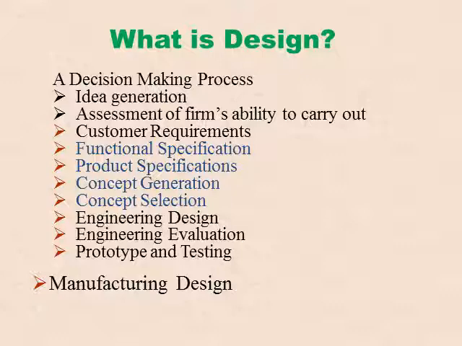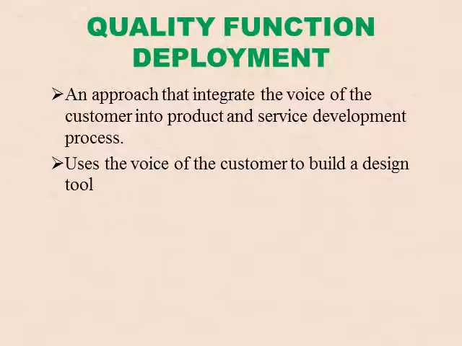Check and test the pen, and after that go for mass production if the requirement is high. So this is the process of design. Quality function deployment is an approach that integrates the voice of the customer into the product and service development process. It is an approach to improve the product and service development process.